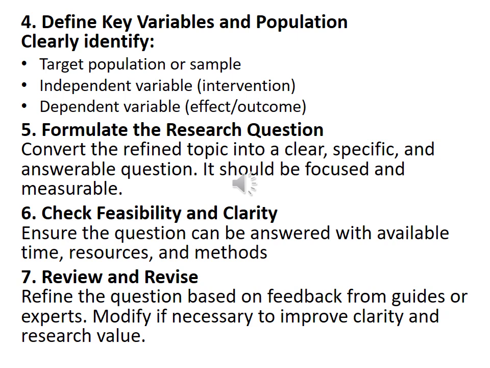So first is identifying the research problem. In this, the researcher will find out a topic in which he is interested, or sometimes if the guide or the department has some funding on a particular topic, the researcher has to choose that topic.